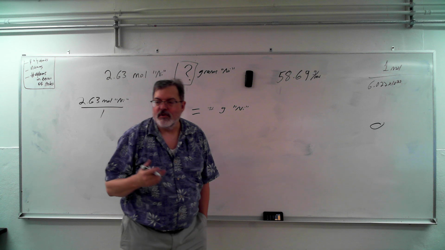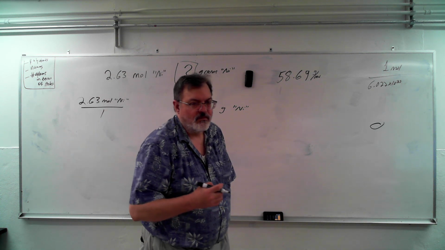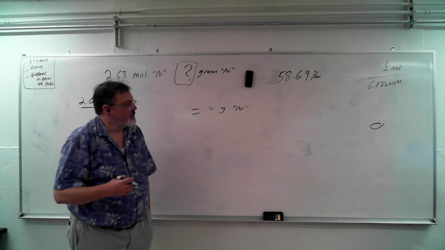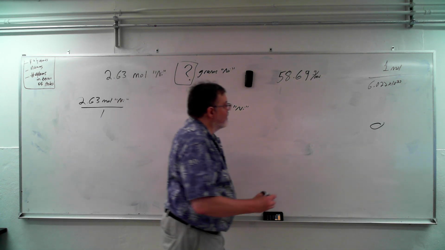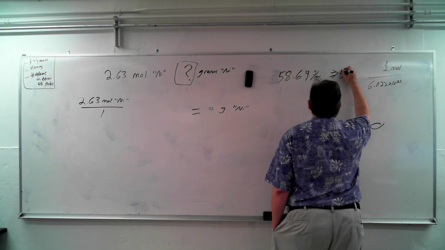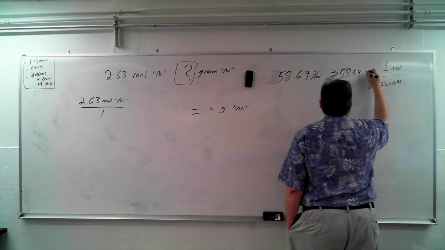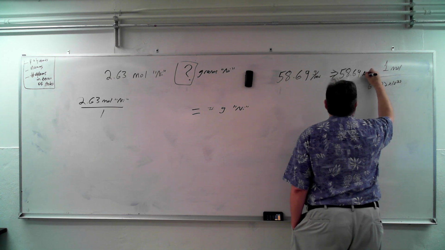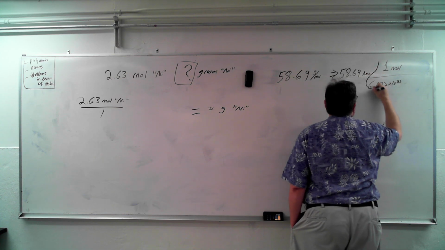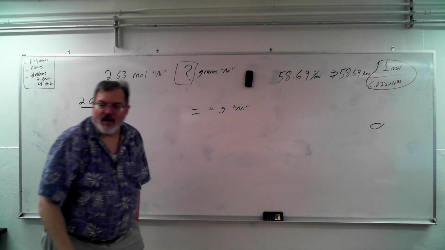Not everything on the periodic table, but the atomic weights are in grams per mole. Also, they could be in AMU, atomic mass unit. But I'll get back to that. I'm going to talk about isotopes again.